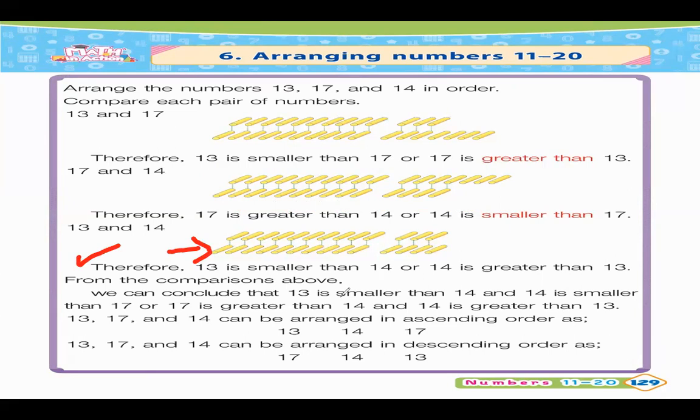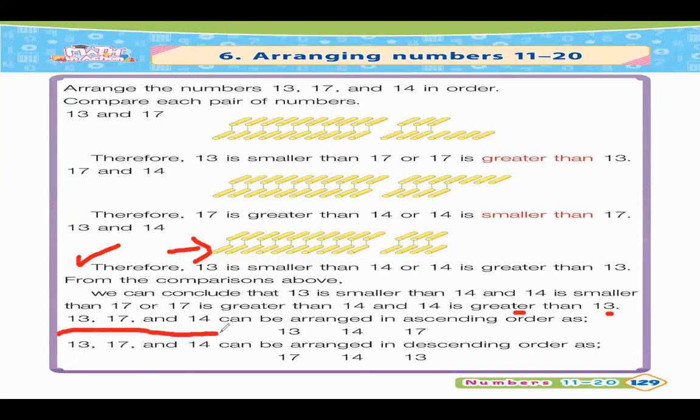Therefore 13 is smaller than 14, or 14 is greater than 13. From the comparison above, we can conclude that 13 is smaller than 14 and 14 is smaller than 17, or 17 is greater than 14 and 14 is greater than 13.